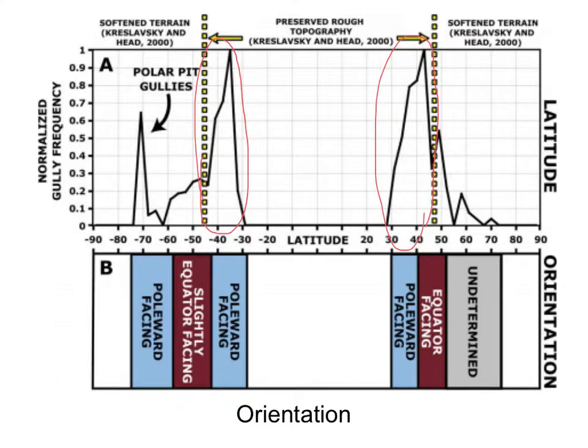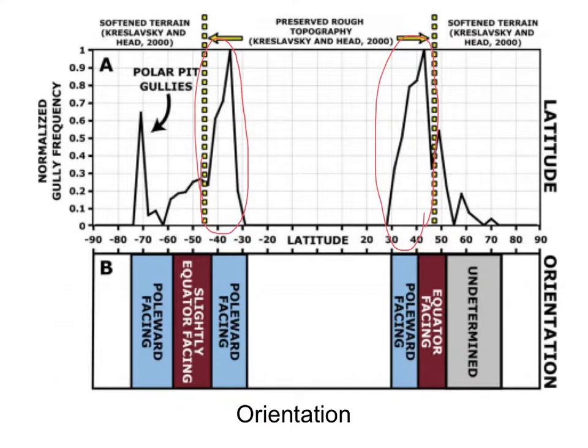But in those mid-latitude areas where they are most prominent, you primarily find them on slopes that are pointed away from the equator and toward the poles. So that's another very distinct aspect of their distribution that would need to be explained by whatever mechanism we come up with.